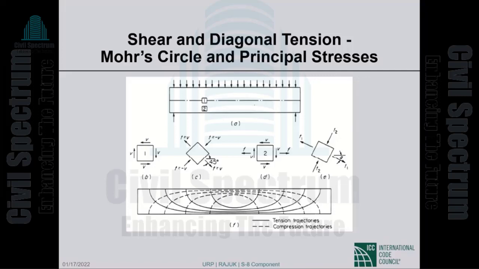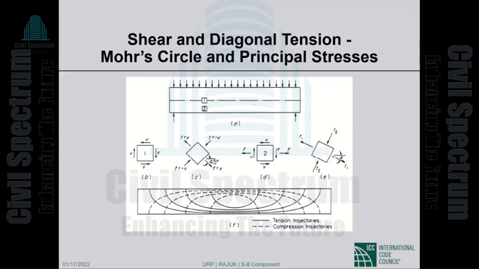Okay? So when we talk about shear design, we are designing against this diagonal tension. That's precisely what we are doing. Okay, we are trying to prevent the diagonal tension from destroying our beam.